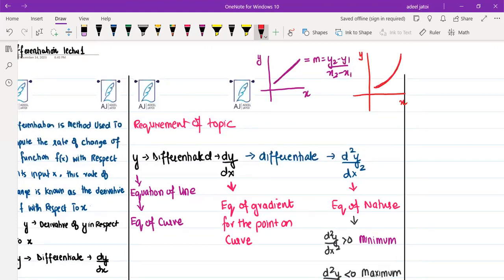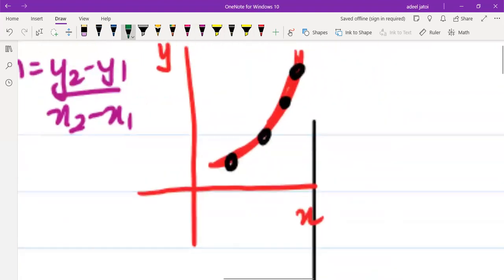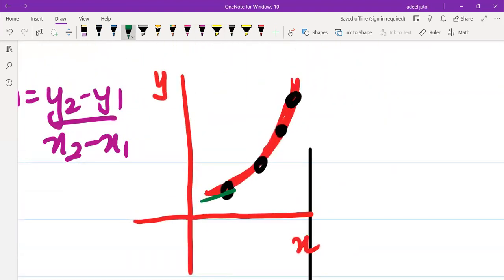this curve does not represent a gradient, or the curve will not have a single gradient, to the point that each point of the curve will have a separate gradient, and that gradient will basically be for its tangent. That means each tangent will have its separate gradient.